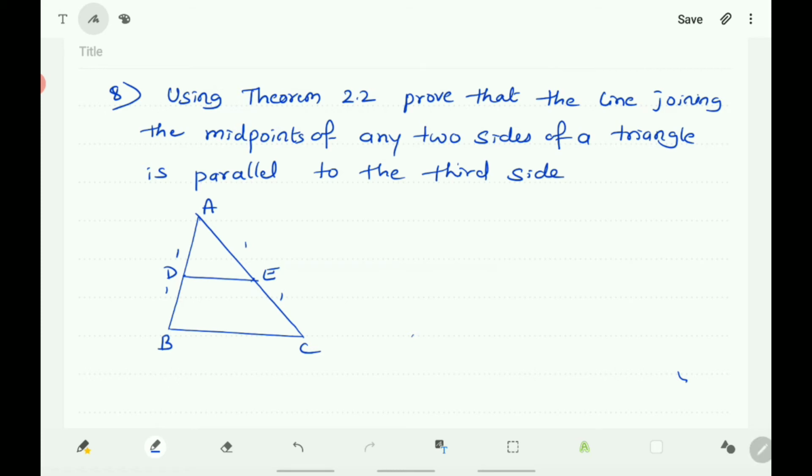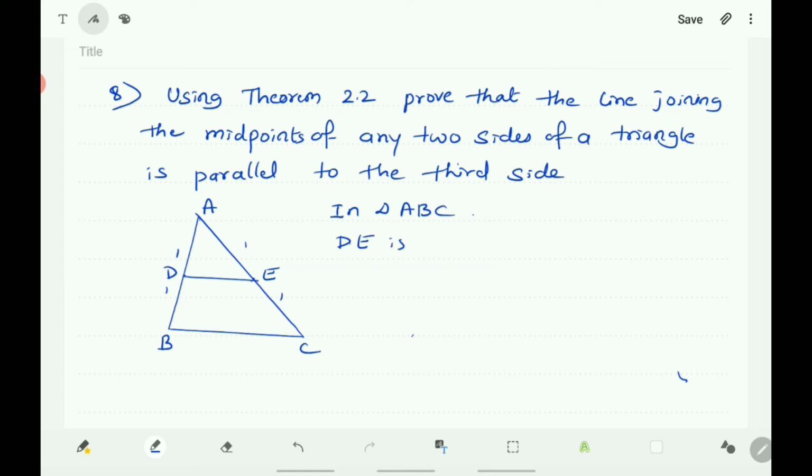Now you write what is given here. In triangle ABC, DE is a line joining the midpoints of AB and AC, means D is a midpoint of AB and E is a midpoint of AC. So what is here?